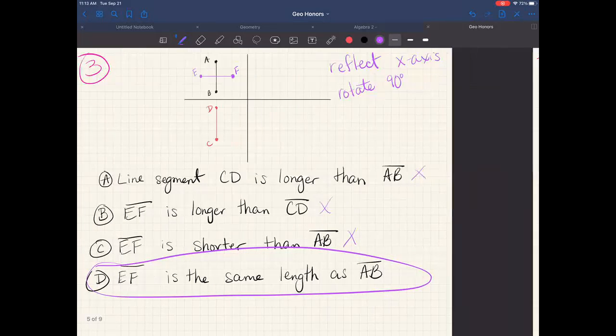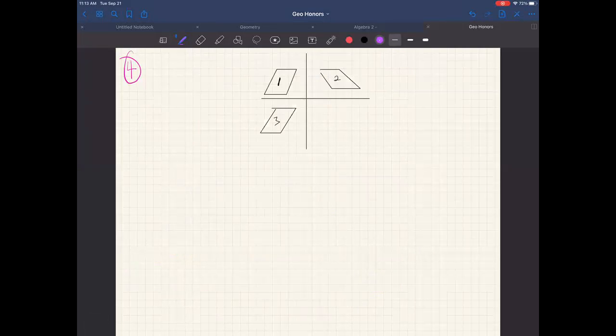All right, moving on. No multiple choice on this one. It says, Marcy transformed figure 1 to obtain figure 2, and then transformed 2 to 3, okay? What transformations can be the ones Marcy used? So you're saying from 1 to 2, what transformation?